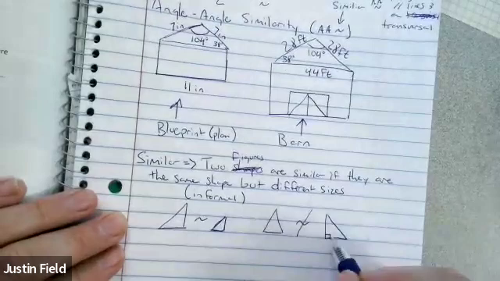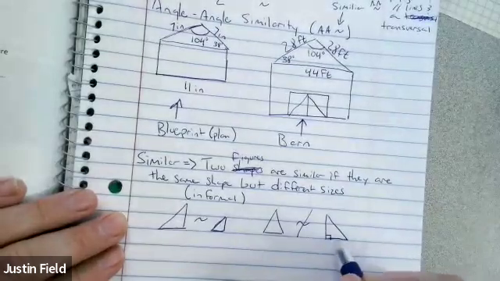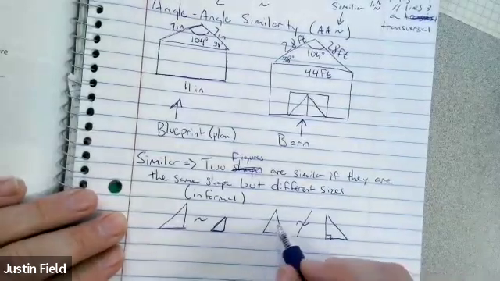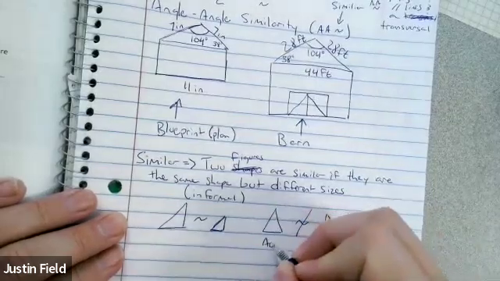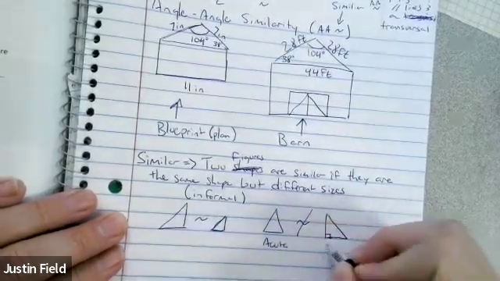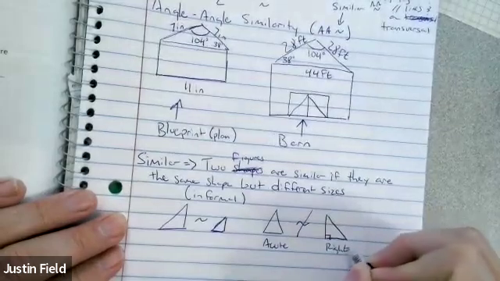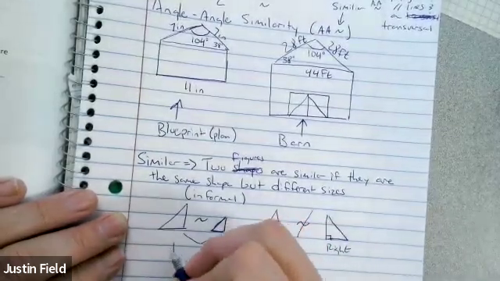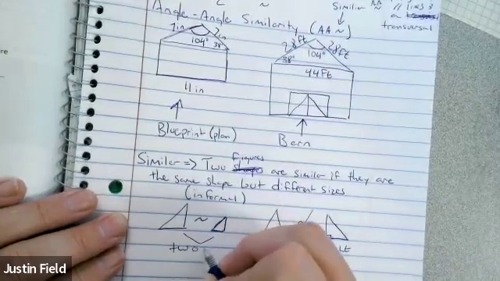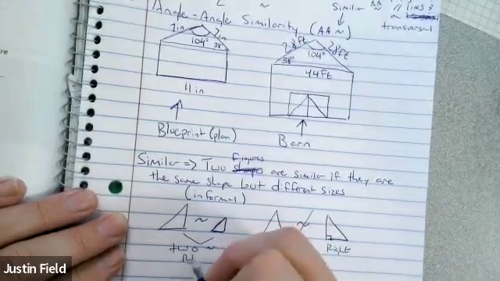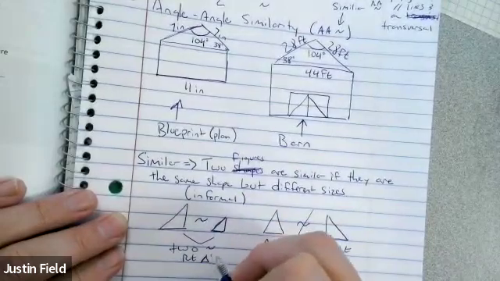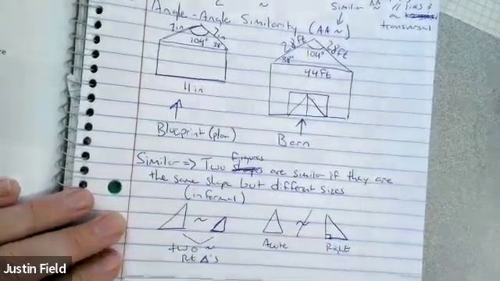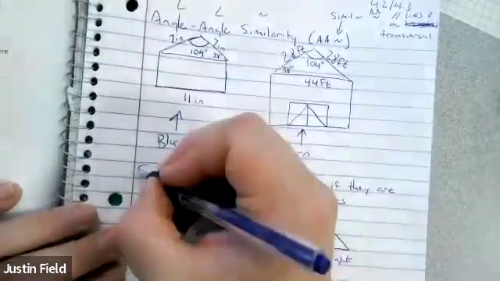And why? Because this one has a right angle. You can see it's a right triangle. This is acute. So this is acute. This is right. And these are supposed to be two similar right triangles. That's what they're supposed to be. So that's what similar means.